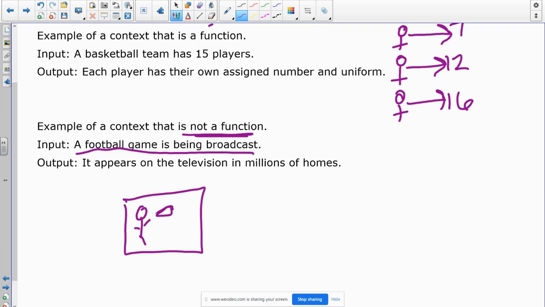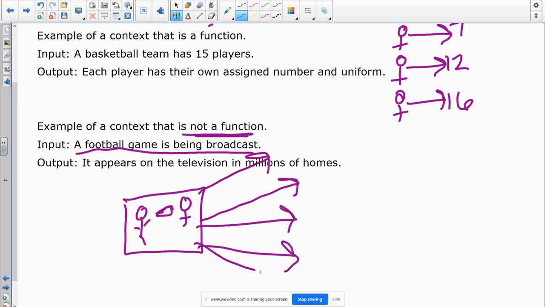So there's my football game being broadcast, and then the output appears on a million televisions. So one broadcast has a million outputs, so that definitely cannot be a function.